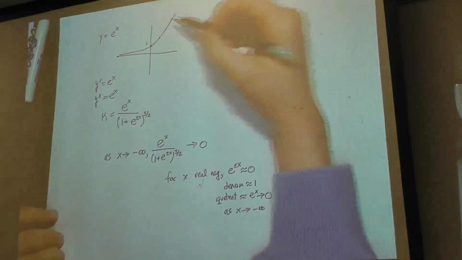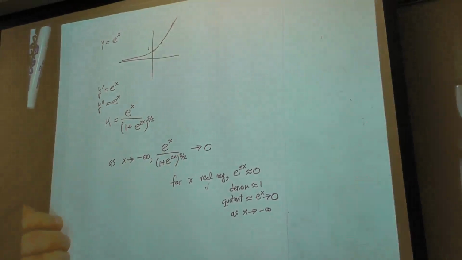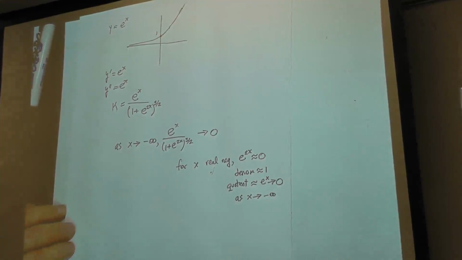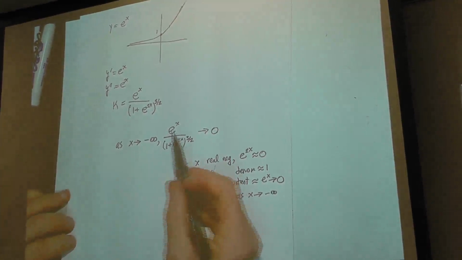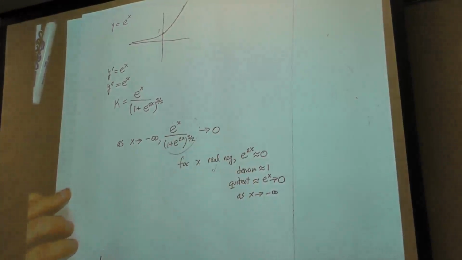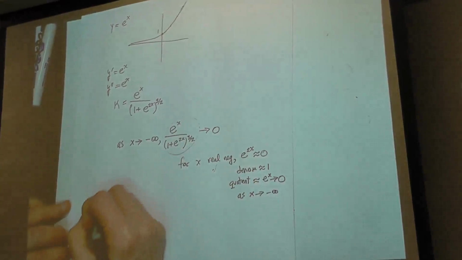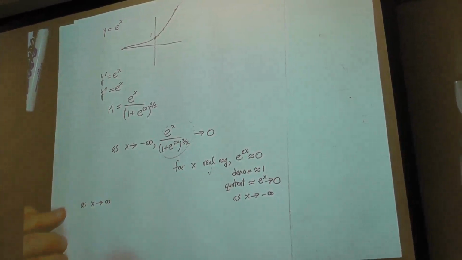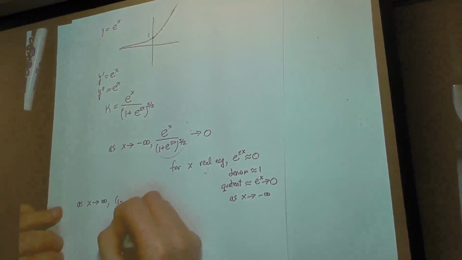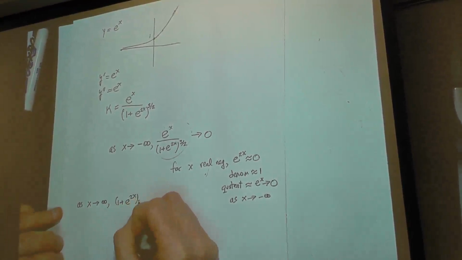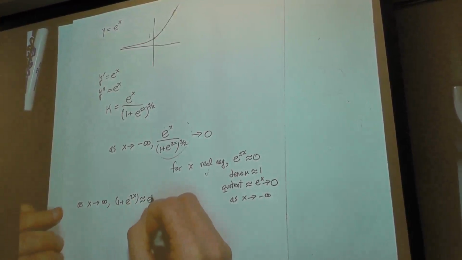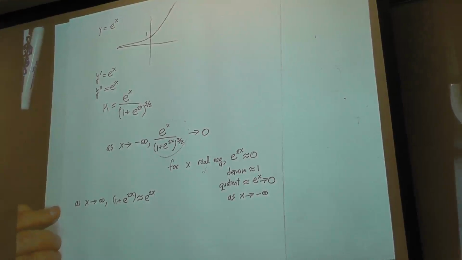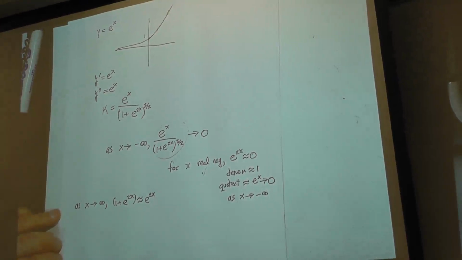The other issue is what happens as x goes to infinity. Does the curvature approach infinity? I need to look at this. As x goes to infinity, 1 plus e to the 2x is approximately e to the 2x. It's huge, add 1, it doesn't do much.